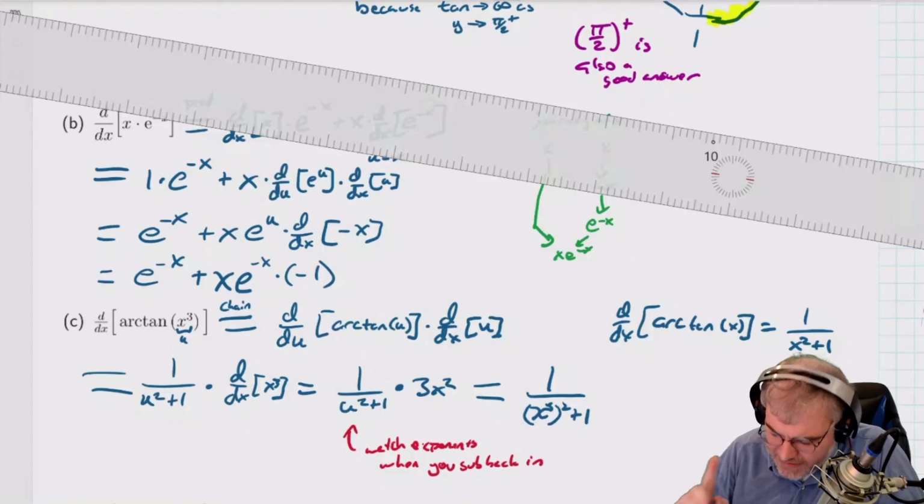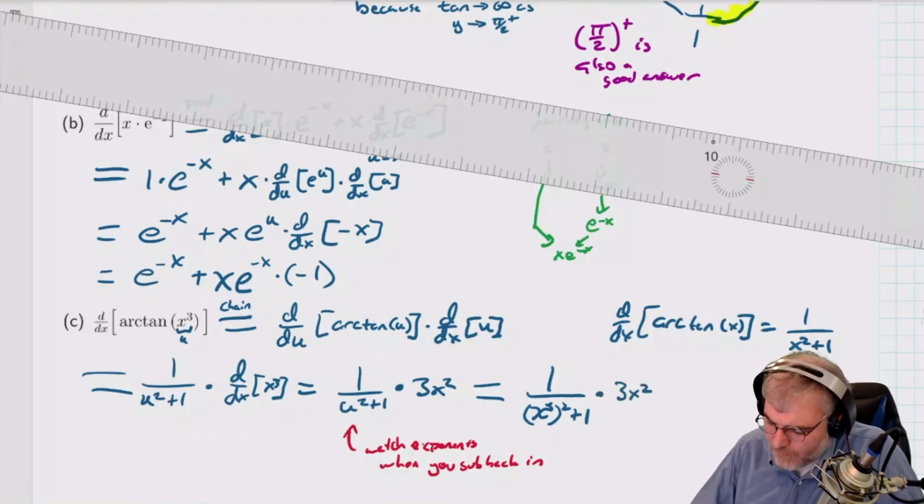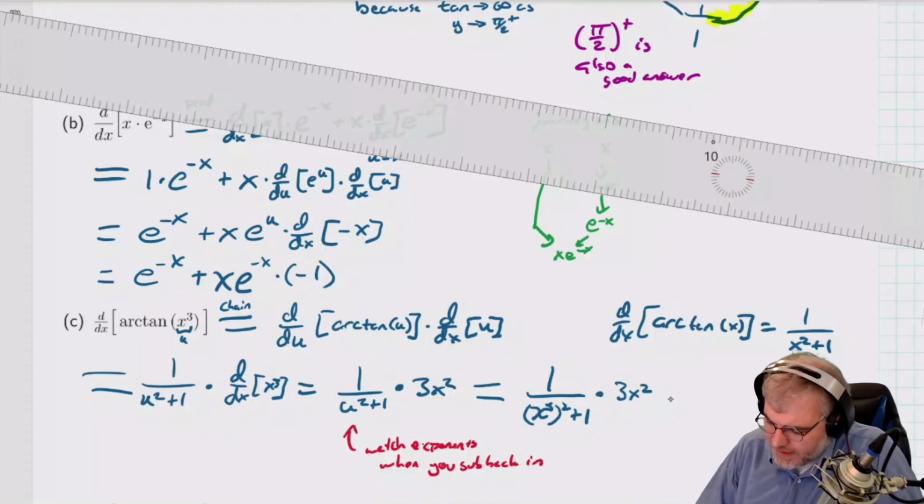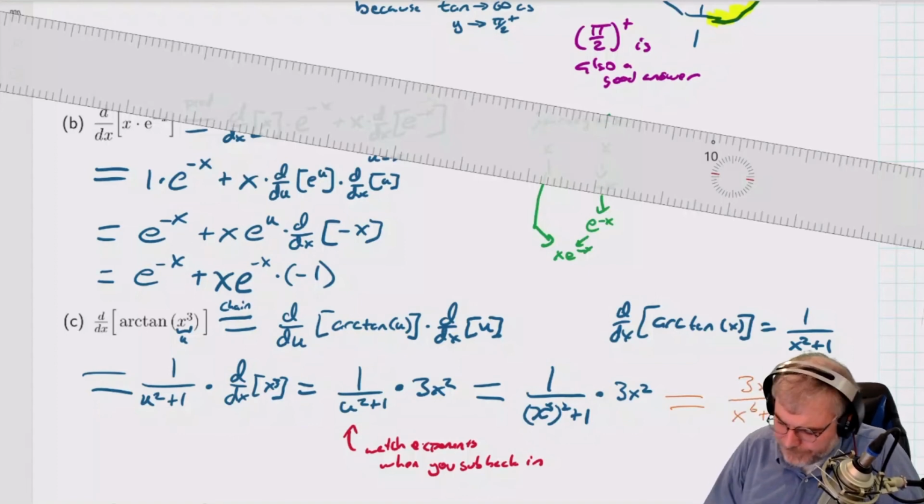That's all I'm saying. Times 3x squared. And if I wanted to simplify, which is not necessary, it would be 3x squared over x to the 6th plus 1.